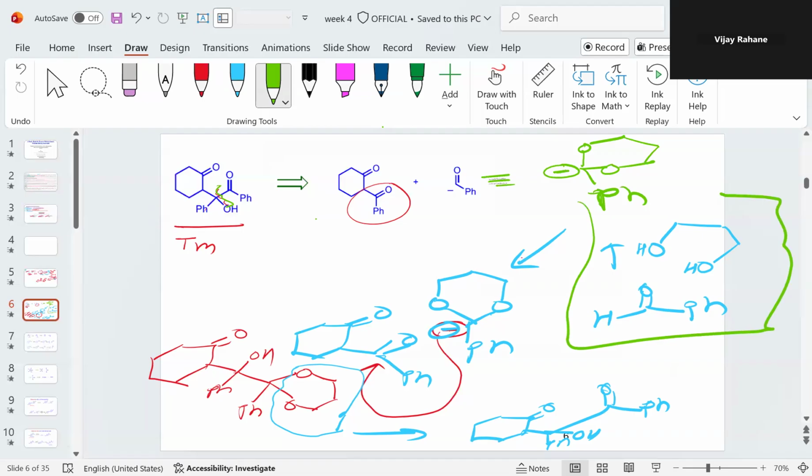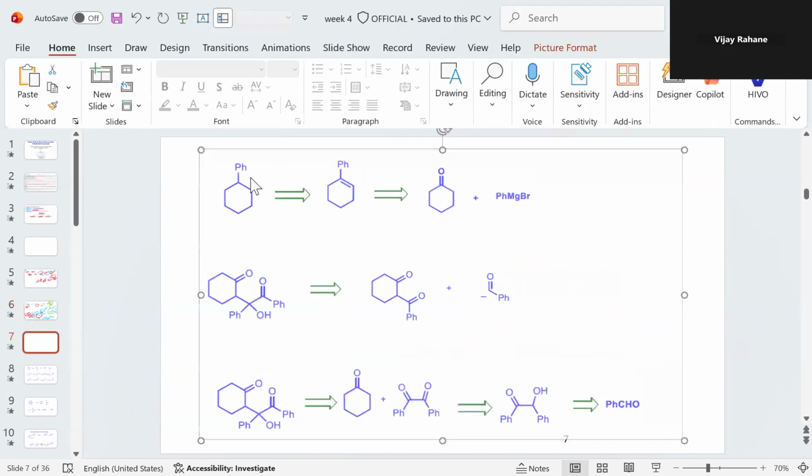This is basically the benzaldehyde plus this diol, followed by the proton abstraction from this position. So we write down a proton here. This is the synthetic equivalent for this species. I hope this example is clear now.